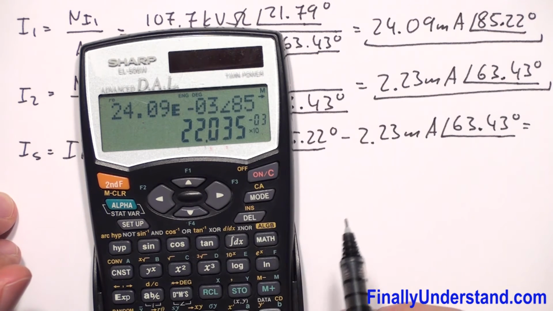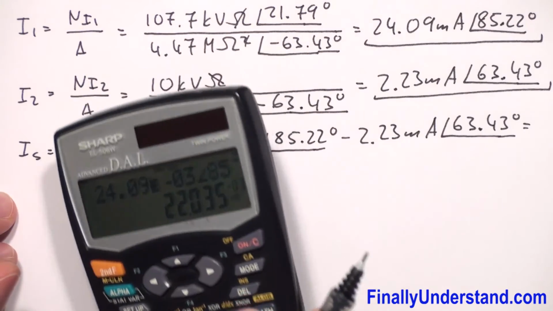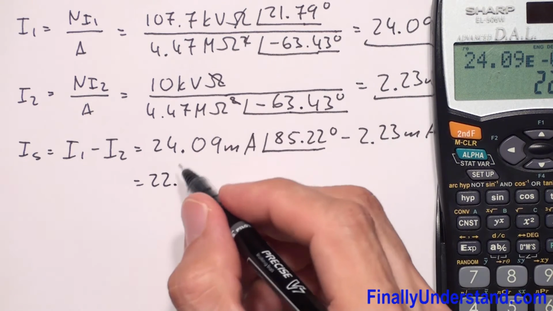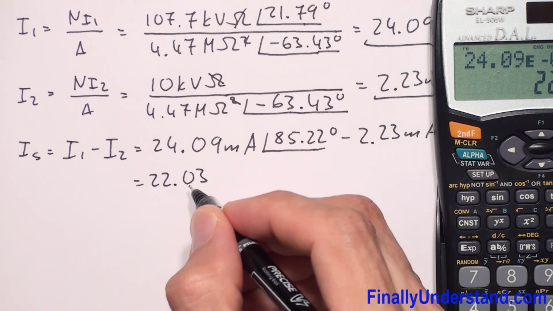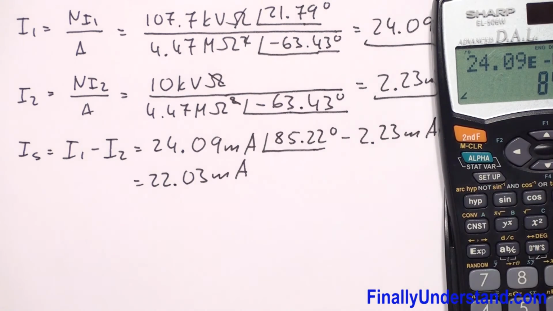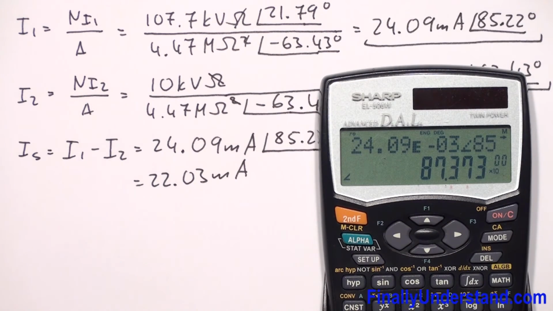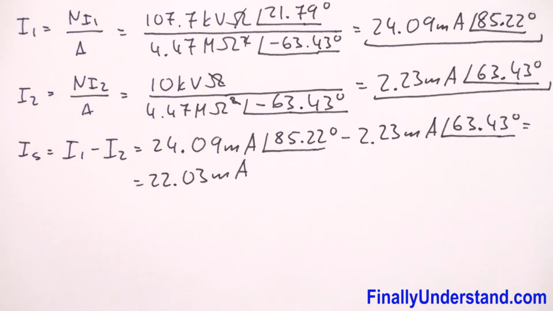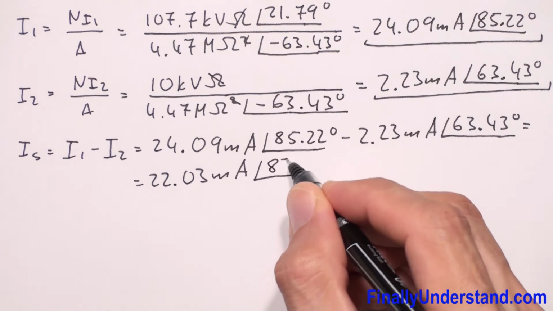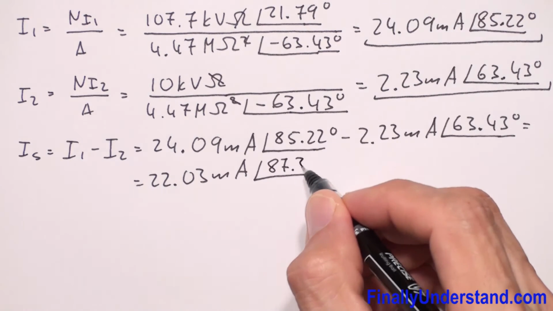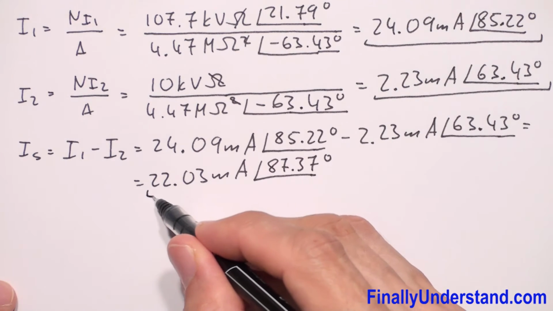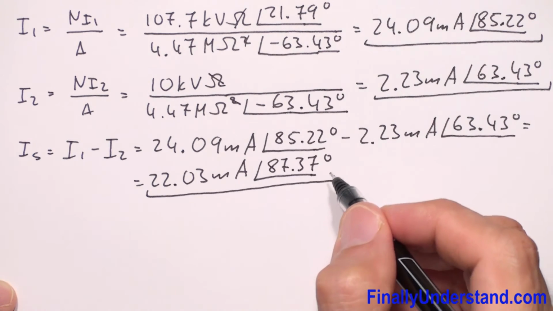This is equal to 22.03 milliamps and angle of 87.37 degrees. Okay, so this is my current IS.